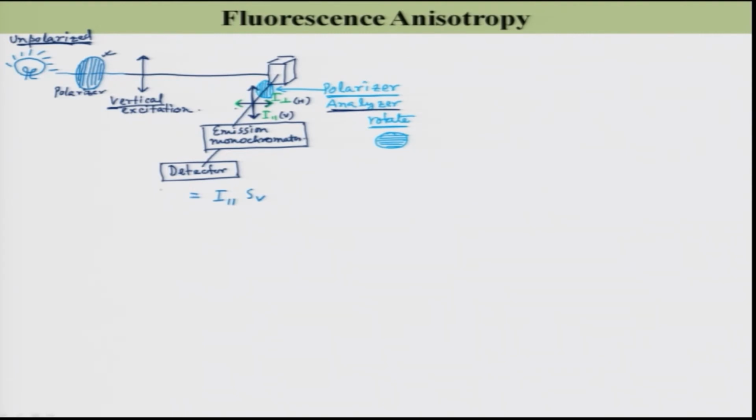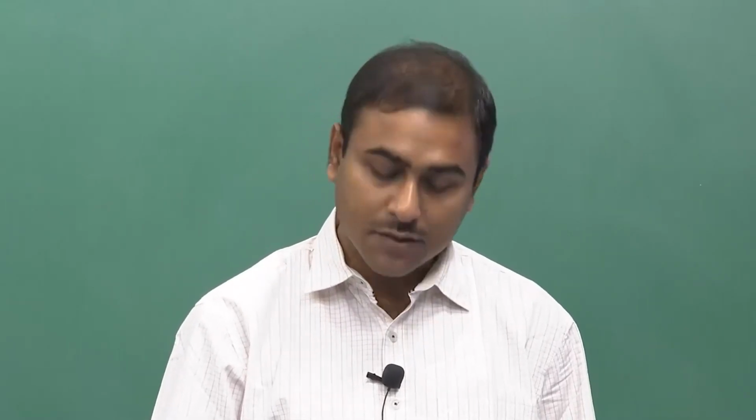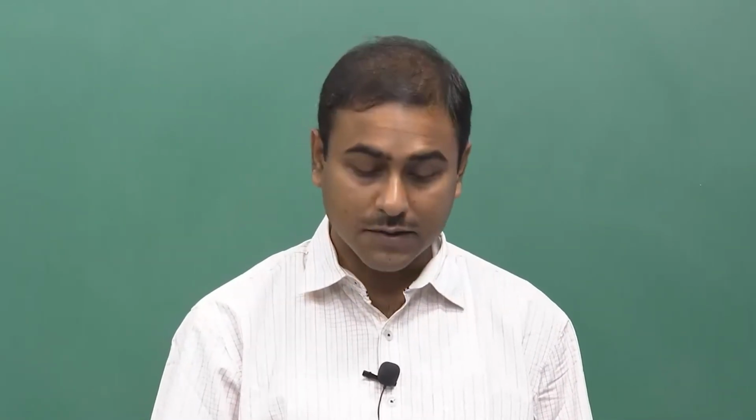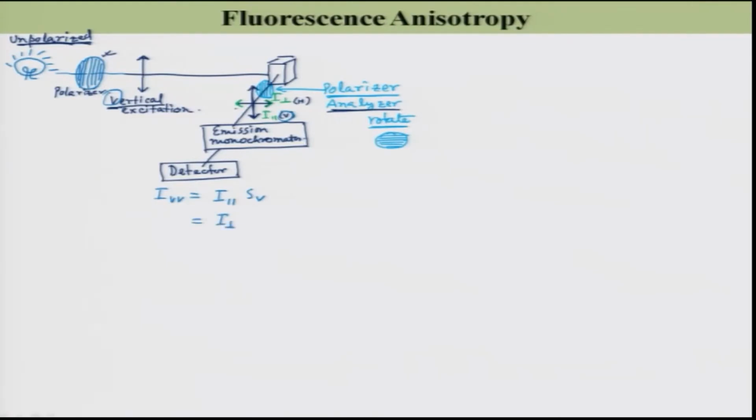Let me name it I VV, because here is my V and here is my V. Now, when you set the analyzer for the detection of I perpendicular, obviously that light intensity will be I perpendicular and that has to be multiplied with the sensitivity of the monochromator and detector for the horizontally polarized light. This SV was for vertically polarized light.